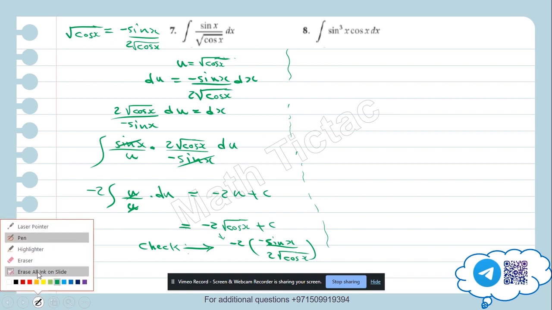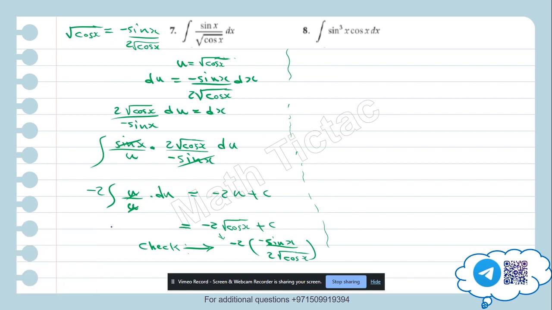Okay, so moving to the next part, which is question 8. In here for question 8, we are looking for a function that we can find its derivative or part of its derivative. In here, sine cubed x, and we have cosine x dx. The derivative of cosine is equal to minus sine, and the derivative of sine is equal to cosine.